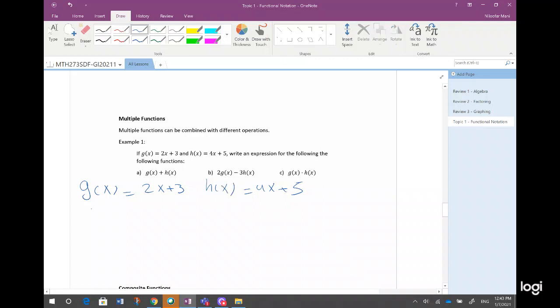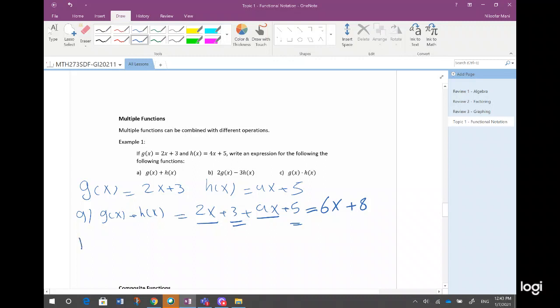So now what is a? a is g of x plus h of x, which means you just have to add them. So it's 2x plus 3 plus 4x plus 5, and you need to combine like terms. So it is 6x plus 8.